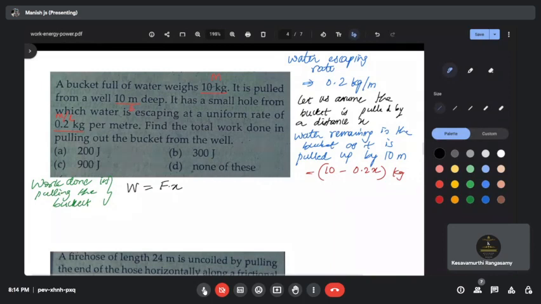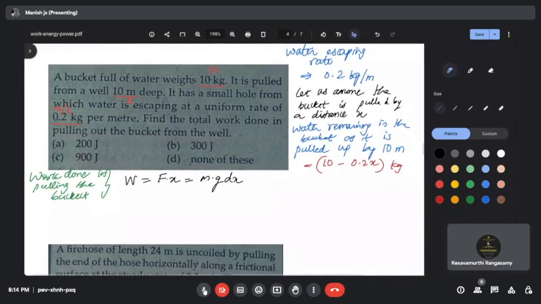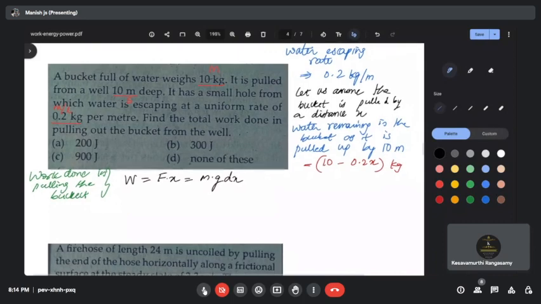Let me substitute for force. Force is mass into acceleration due to gravity. Why acceleration due to gravity? Because you're pulling it upwards, and gravity is a force acting downwards, so you're doing work against gravity. So it's m g times dx. I'm writing it as dx because I'm pulling it by a very small distance. So this is the expression that I'm getting.